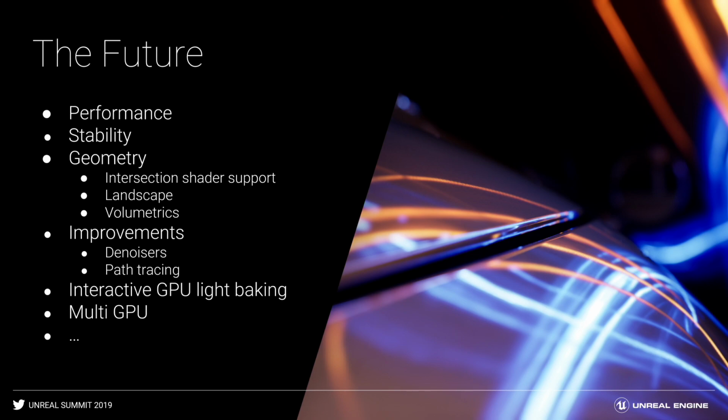But we're also working on other things like intersection shader support, adding new geometry support, constantly working on improvements to denoisers and the path tracer. And we're planning to also work on an interactive GPU light map baker directly in the editor, and also adding multi-GPU RHI support for ray tracing.